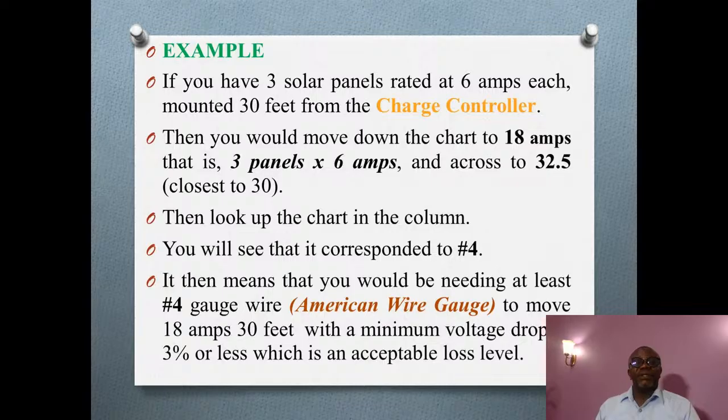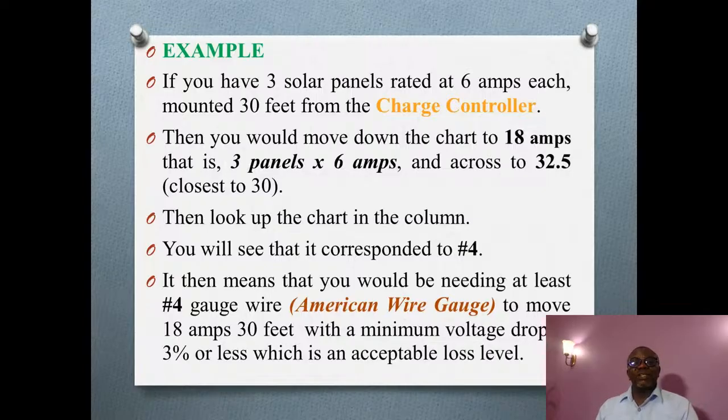Now, take for example, we have 3 solar panels, and each solar panel is rated at 6 amps. And these solar panels are mounted 30 feet from the charge controller. We need to choose the cable that will give us the best performance.